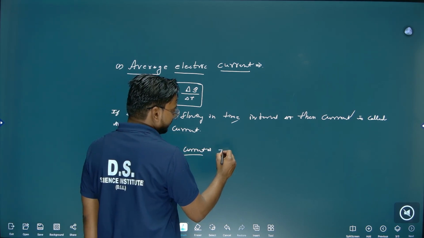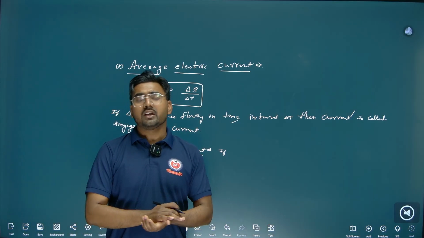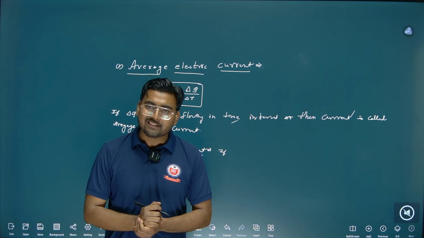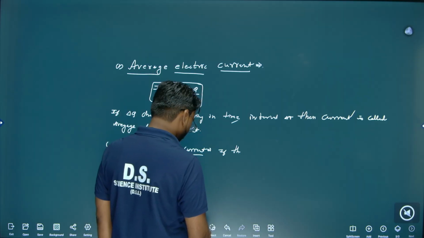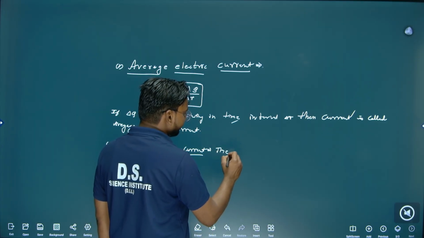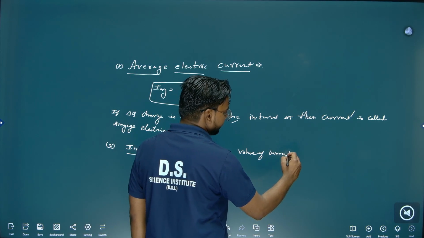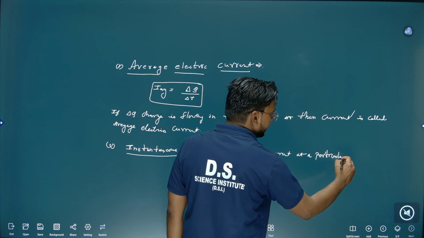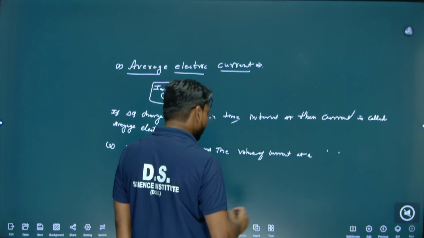If we find the value of current at a particular instant, then the current is called instantaneous current.